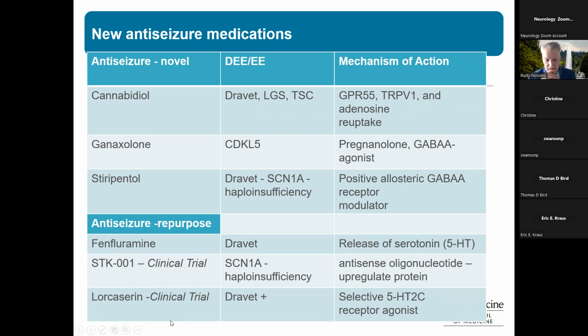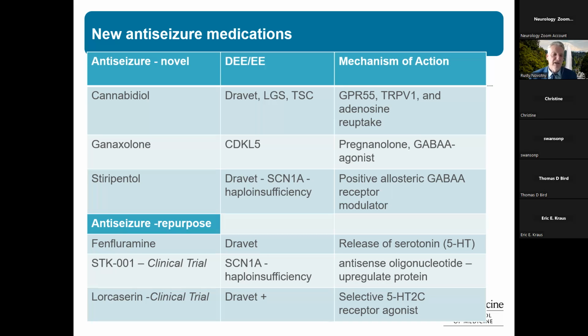And stiripentol has been around for a while, but primarily in Europe, but it really has been targeting SCN1A haploinsufficiency very specifically. Fenfluramine also for Dravet syndrome. And more importantly, there's been some interesting underlying causes of SCN1A where they've actually developed novel molecular targets using antisense oligonucleotides to upregulate the SCN1A protein.